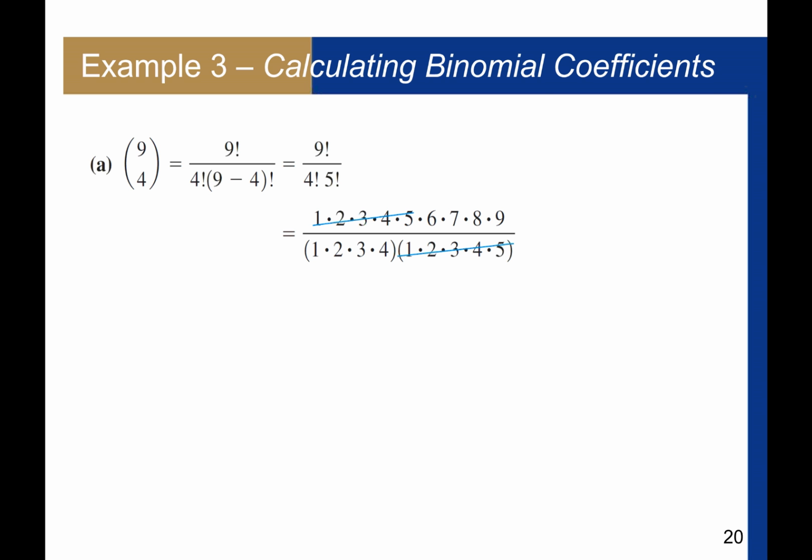Most of those factors will reduce down with every single factor in the larger of the two. Let's make this easy on ourselves. 5 factorial. So in our numerator, we're now just left with the 9 times 8 times 7 times 6, but we're left with all of 4 factorial, 4 times 3 times 2 times 1.